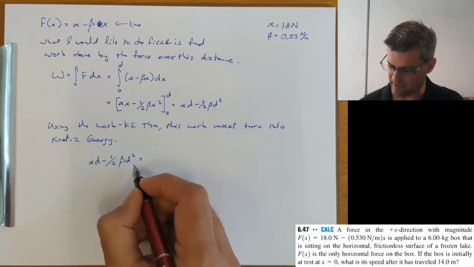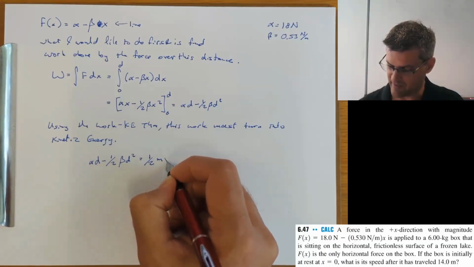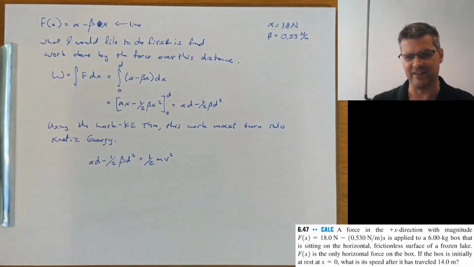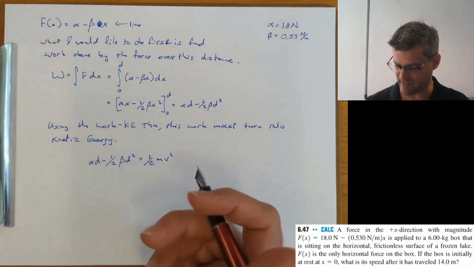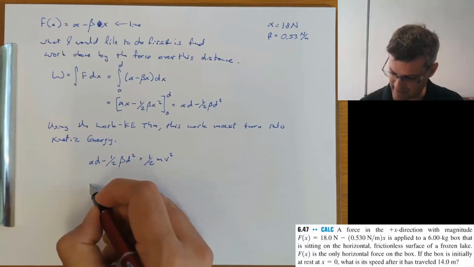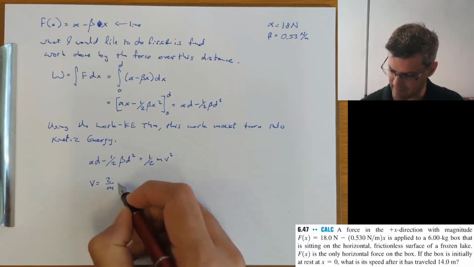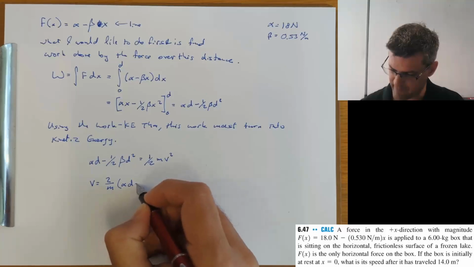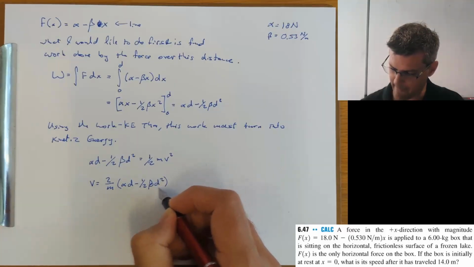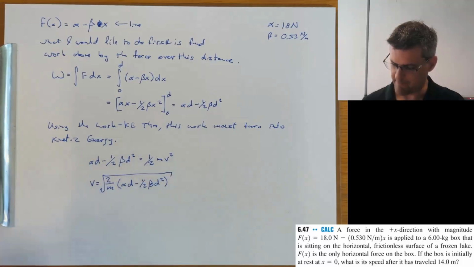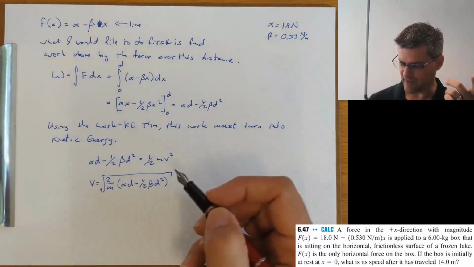The work must be equal to the change in kinetic energy. If it starts at rest, this is the change in kinetic energy. So if you want to find out the velocity after it has traveled some certain distance, that velocity algebraically is this. And we know a lot of these things.